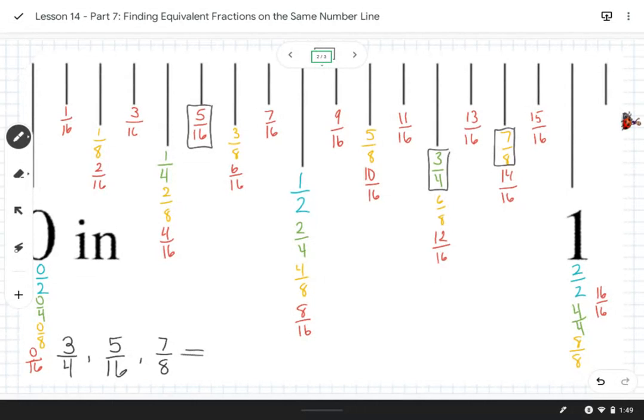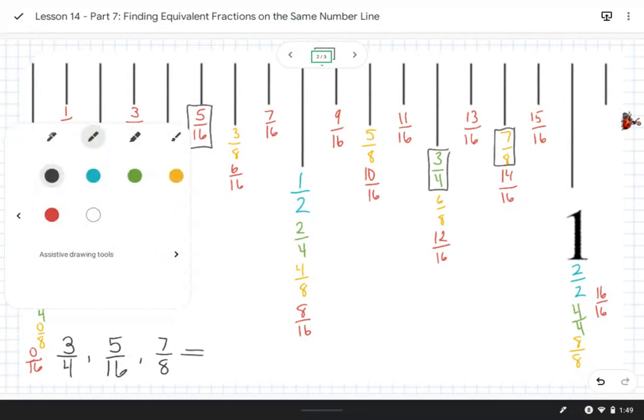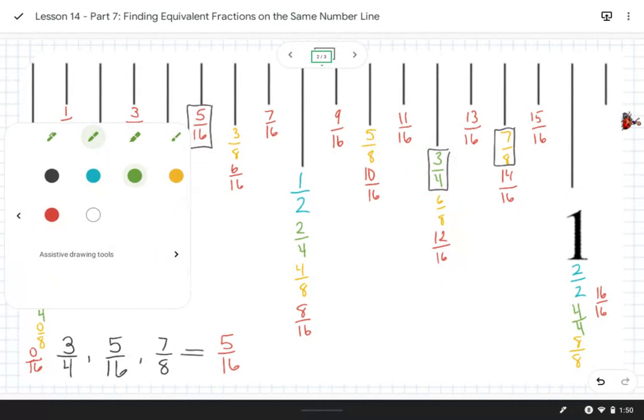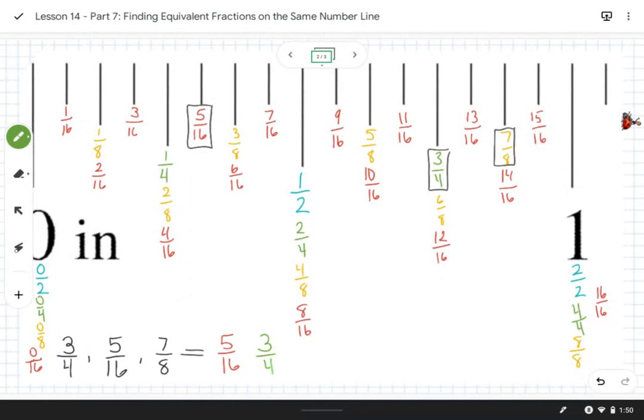If I want to write those in order from least to greatest, I'm going to write 5/16 first. That's the smallest because it's right here. It's the closest to 0 or the furthest from 1. You can think of it either way. 3/4 comes next, so I'll write 3/4. And then 7/8 is the closest fraction to 1.